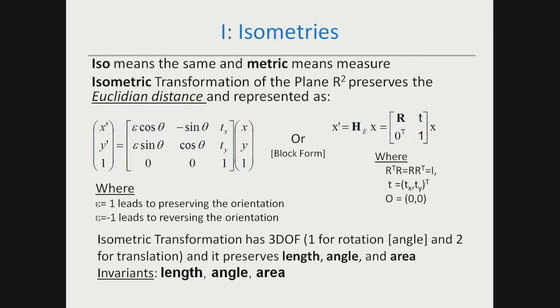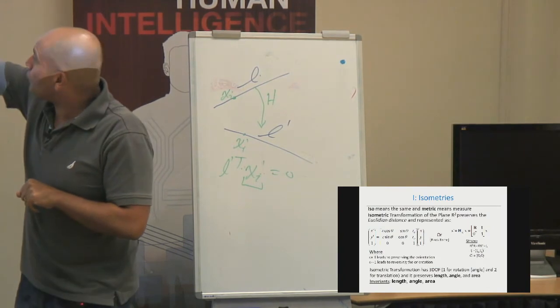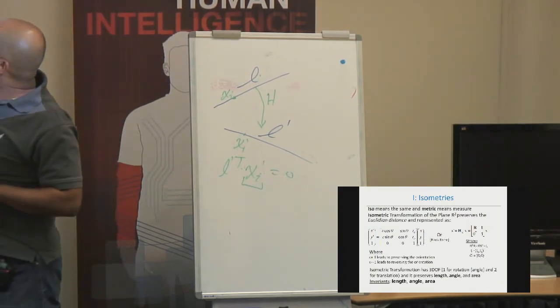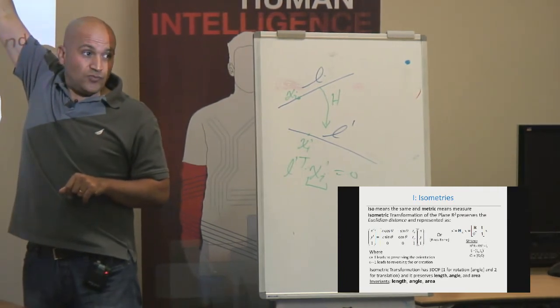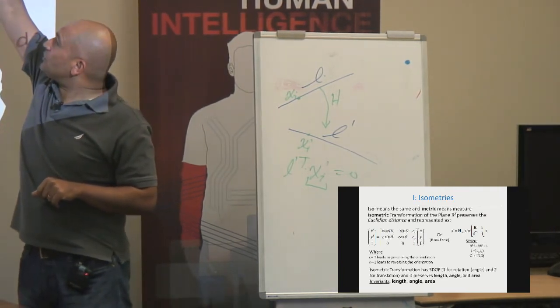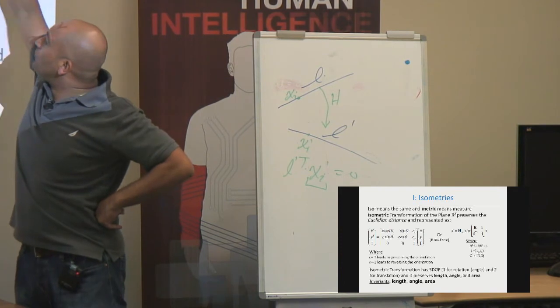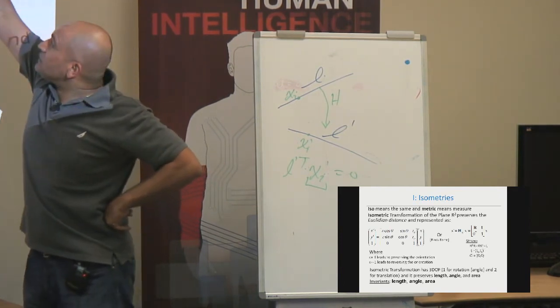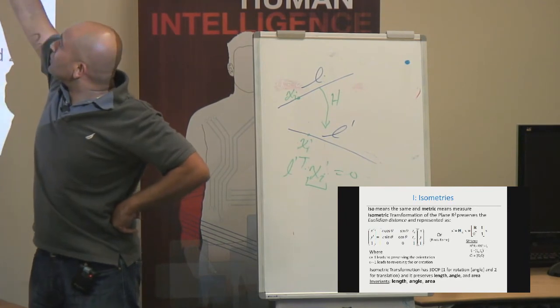Now, if we look at the block form, we could represent this as R, T, and 0 transpose, 1, where T is any vector, Tx, Ty, this is 0, 0, and this is 1.